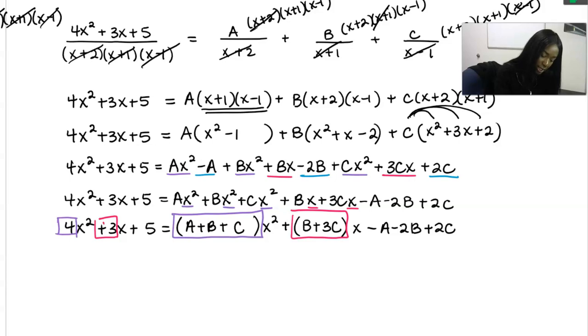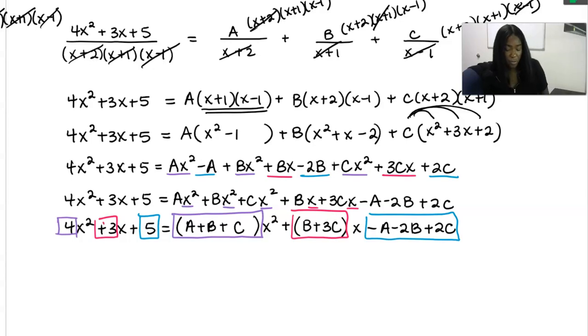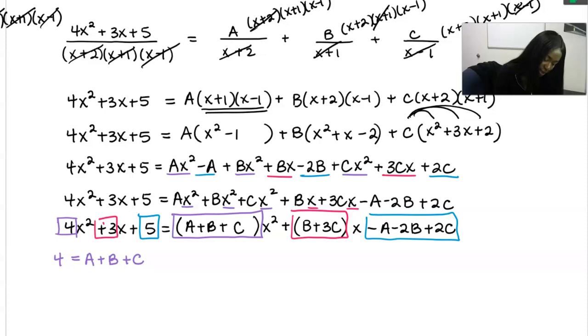And then similarly, the constant term that has no variable must be equal to the constant term that has no variable there. So we're going to start equating things. So I have that 4 equals a plus b plus c. I have that 3 equals b plus 3c.